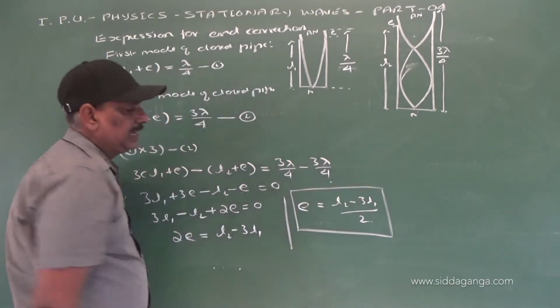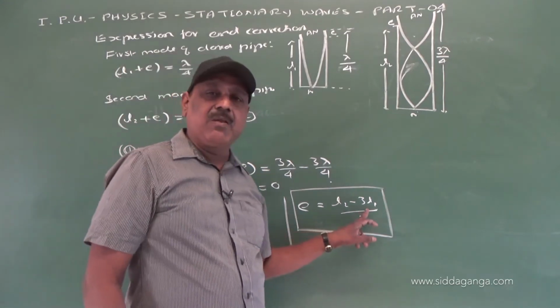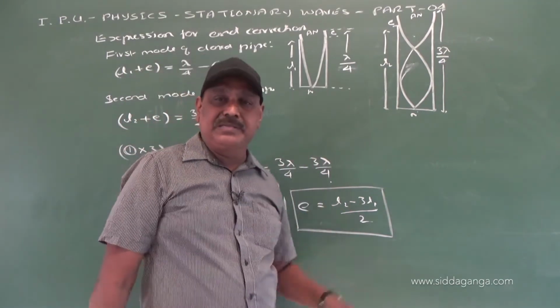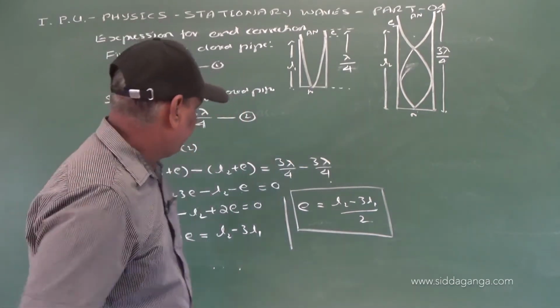This is the expression for end correction. Here L1 is called first resonating length and L2 is called second resonating length.